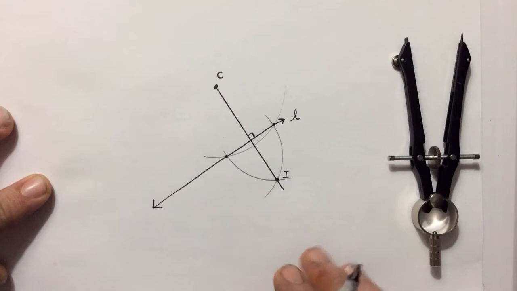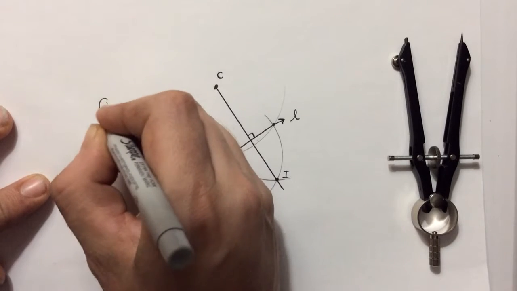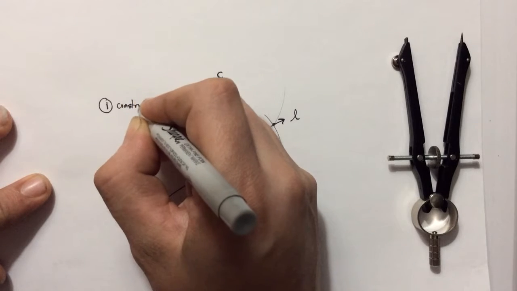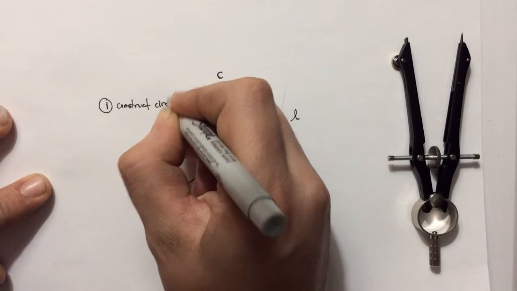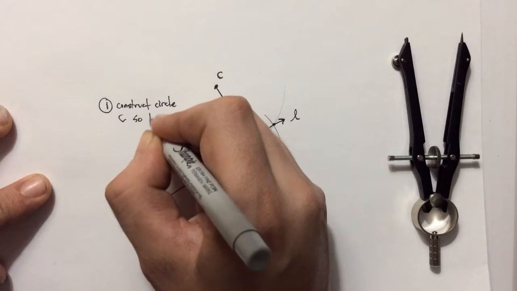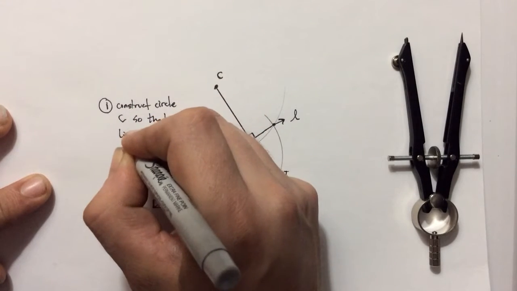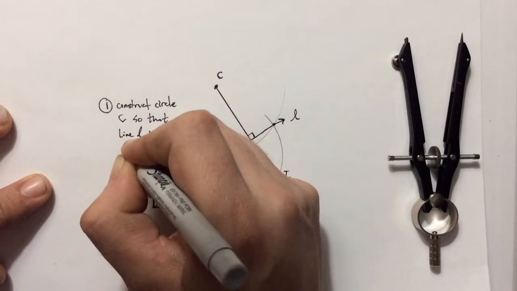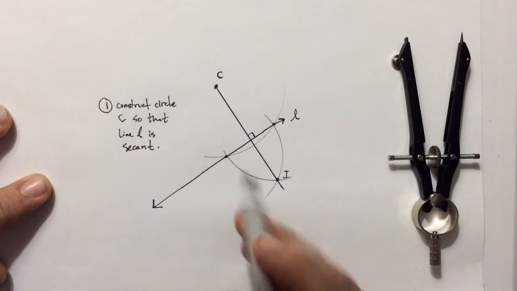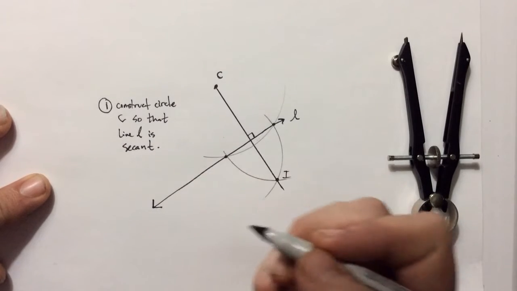Okay, so as a summary of the steps for this construction: number 1, we construct circle C so that line L is secant. Secant means it intersects the circle in two places.